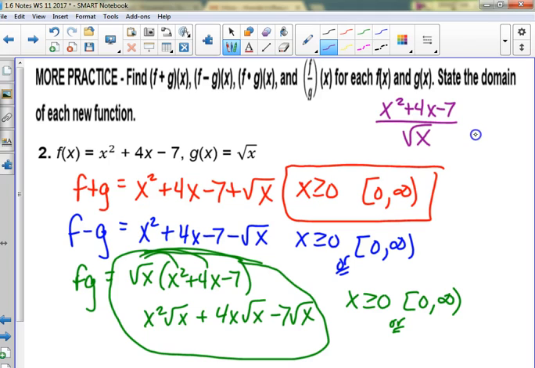What would the domain restriction be? Okay, how would we write it? Yeah, x has to be greater than 0. It cannot equal 0. So you could leave it like that, or you could do parentheses. It can't be 0, right?